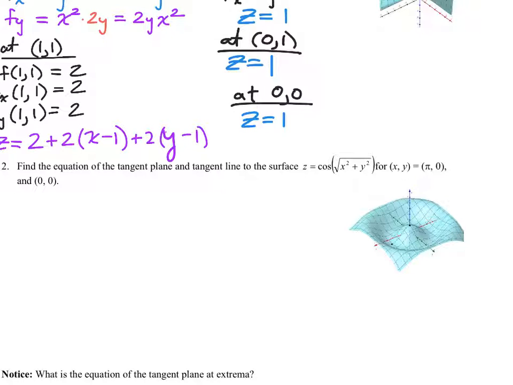All right, but it's still the same structure. So I have my original function f of x comma y, which is equal to the cosine of, I'm going to write it as x squared plus y squared to the 1/2 power. Not for evaluating that function, but just to make life a little bit easier when I find the derivative.